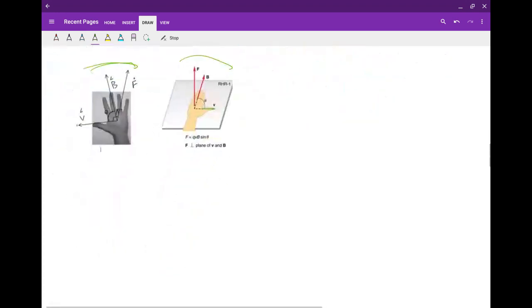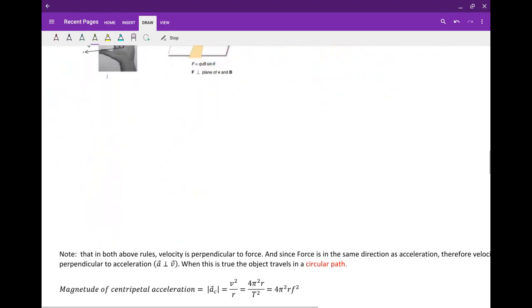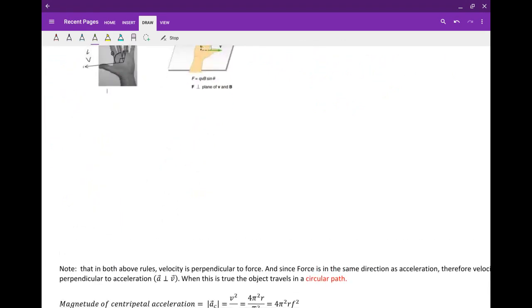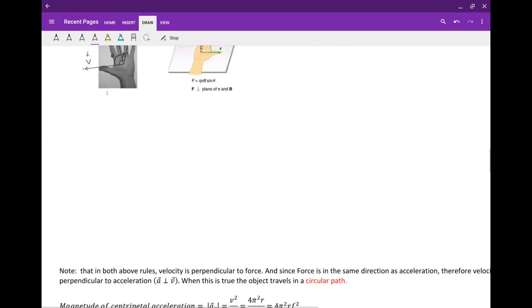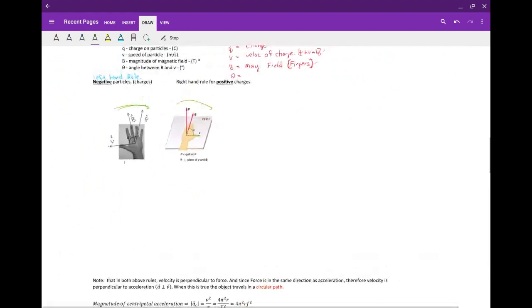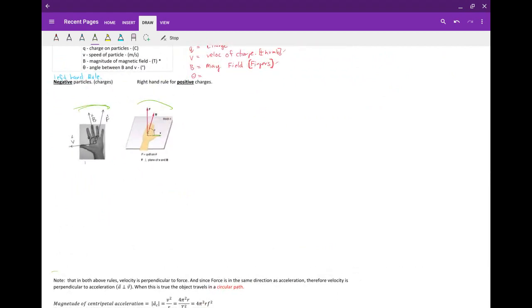All right, so now what we can do is take a look at, note in both of the above rules, the velocity is perpendicular to the force. And this is this part here. And since the force is in the same direction as acceleration, therefore the velocity is perpendicular to the acceleration.